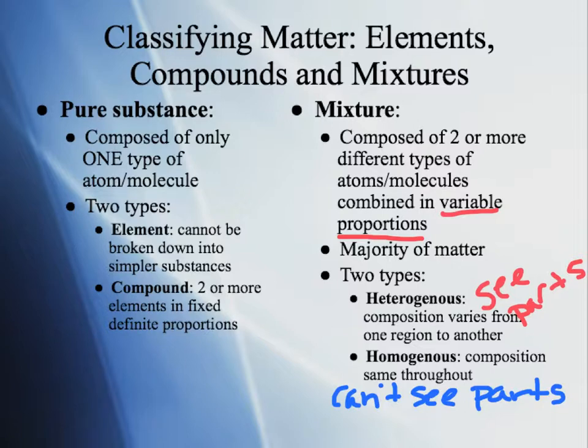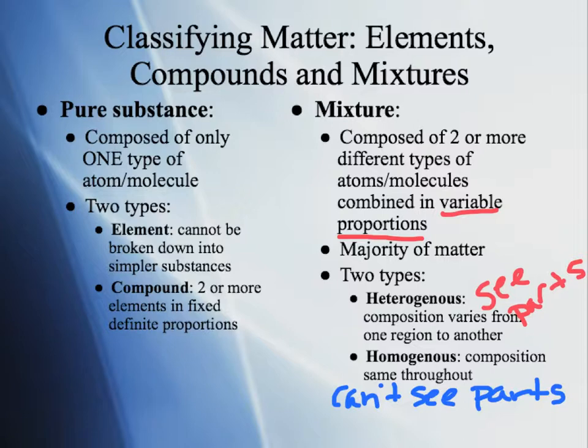If you think about Kool-Aid, at least I grew up with Kool-Aid, Kool-Aid is a mixture of water and basically just sugar and some food coloring. So those three types of molecules are inside, but you couldn't see the difference between the water and the sugar versus the food coloring.